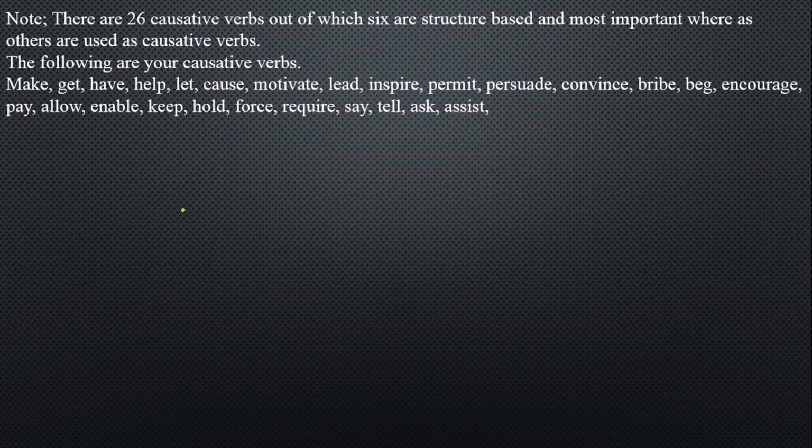There are 26 causative verbs, out of which 6 are structure based and most important, whereas others are used as causative verbs. Keep in your mind the causative verbs are total 26 in number, and structure based means they are according to formula. There are some 6 causative verbs which we have already talked about.